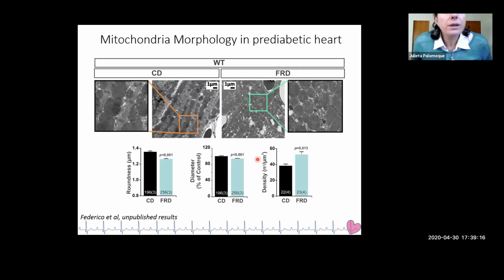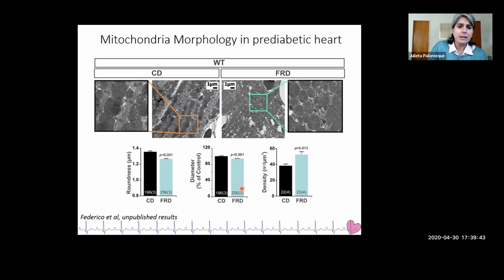With this result, we turn to mitochondrial morphology in the prediabetic model, and we can see that fructose-rich diets induce the mitochondria to become more round, more tiny, and there is a higher density of mitochondria in the prediabetic heart.